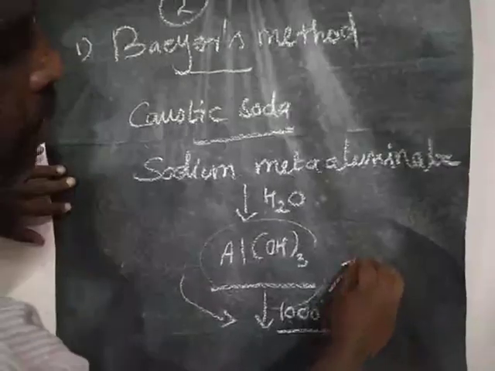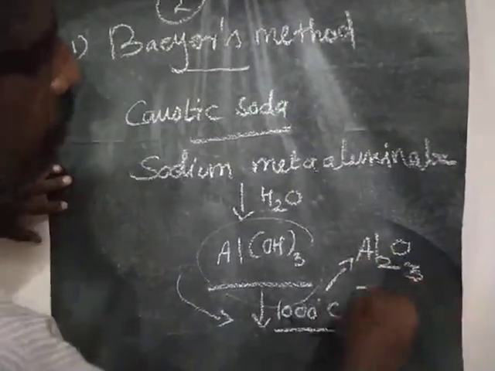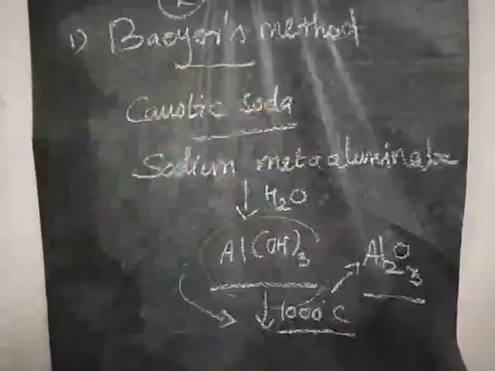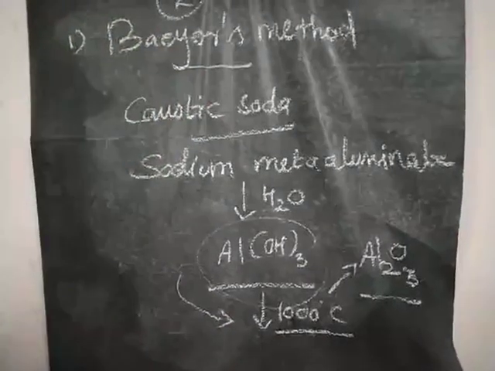What is the chemical formula of alumina? Al2O3. So in this process we are removing the water molecules. Which method? Bayer's method.